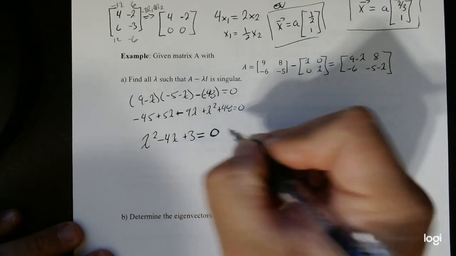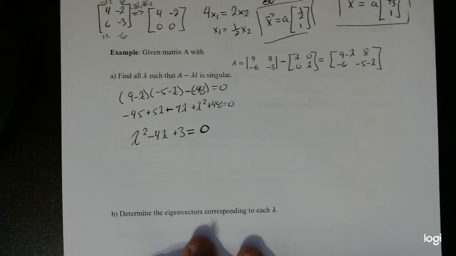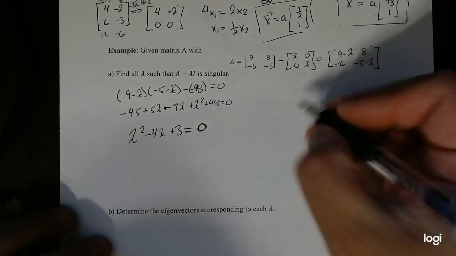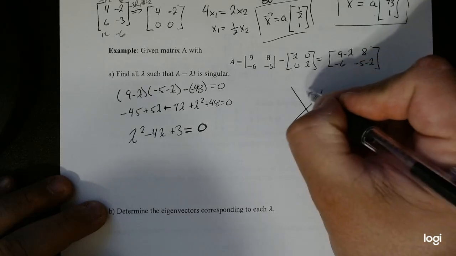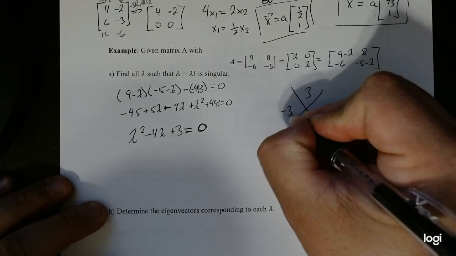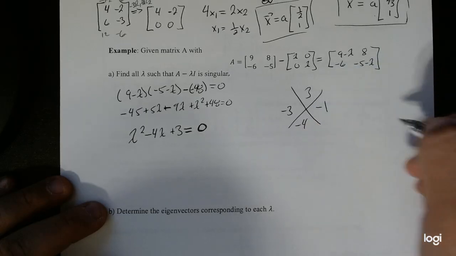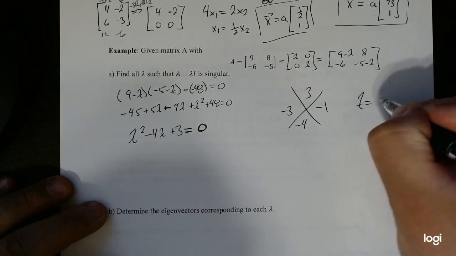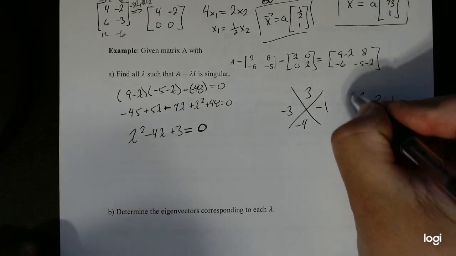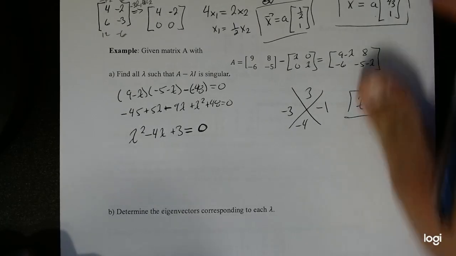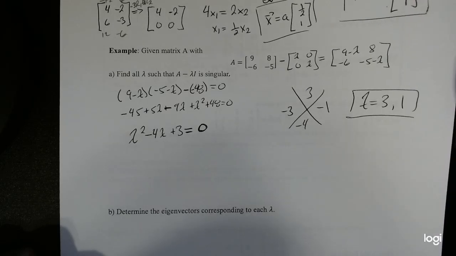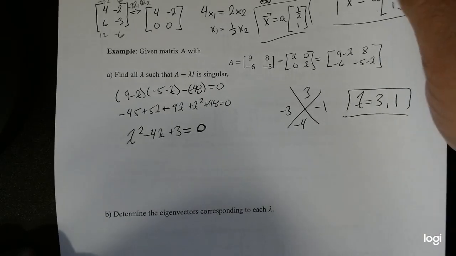I say usually with a hard maybe. Okay, so then straight factoring. So lambda equals, again, 3, 1. Okay. And then part B, same thing we just did for part B up here.